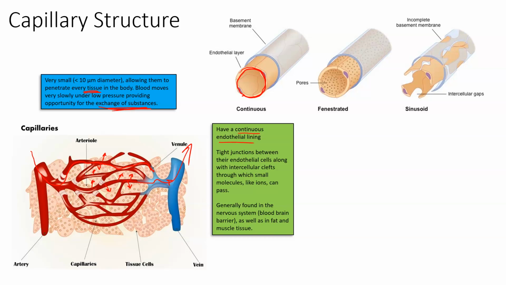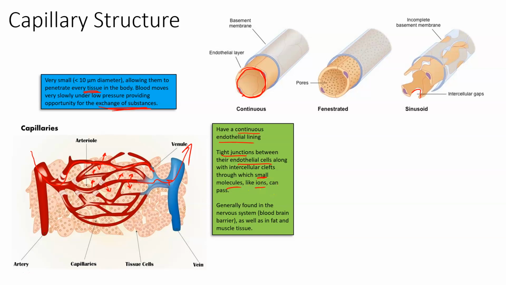There aren't any pores, there aren't any openings, there are continuous cells that completely contact each other, and it creates this continuous capillary structure. There are very tight junctions between their endothelial cells, which eliminates the ability to move larger substances through this layer. The only things that can really move through them are small molecules like ions.